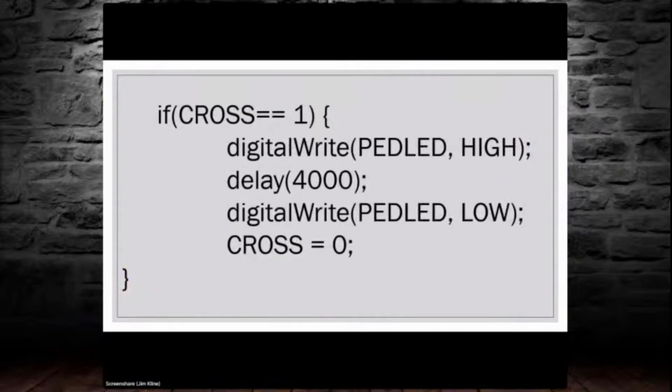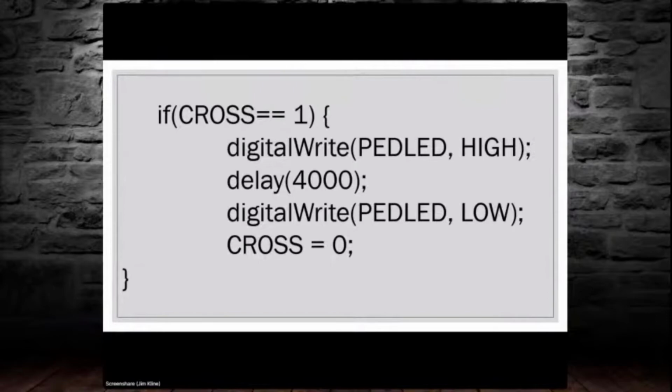So here's the code for halting the traffic light sequence for an additional period of time to allow a pedestrian to cross the street. Using the if control structure, the variable cross is evaluated, and if cross contains a non-zero value, which means that a button has been pushed, the code contained within the curly braces is executed.